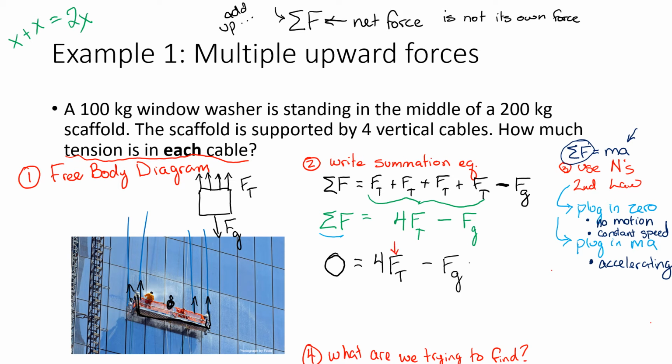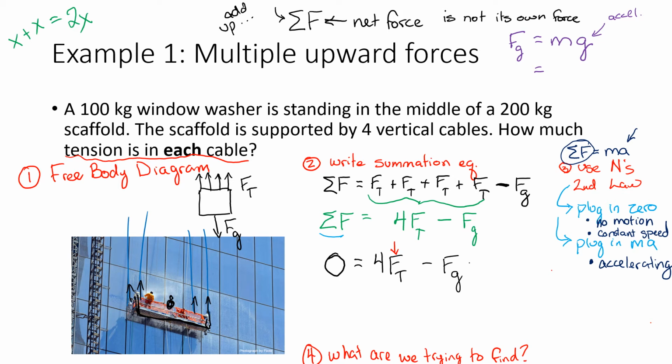That means we need to know something about the force of gravity. So how do we calculate the force of gravity on an object? The force of gravity is the object's mass times the acceleration caused by gravity on the planet Earth.